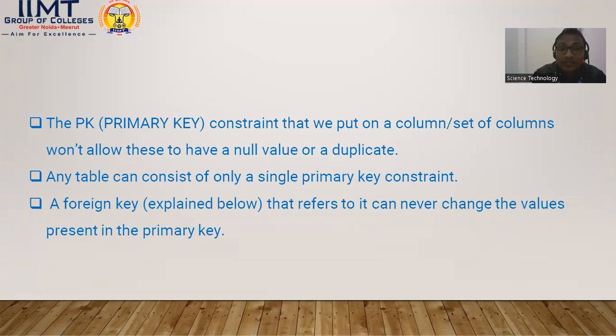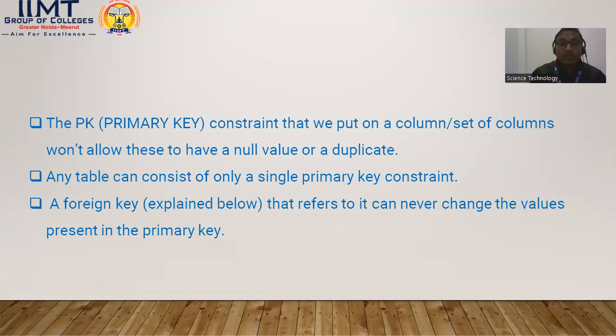Any table can consist of only a single primary key constraint. A foreign key, we explain in further slide. A foreign key that refers to it can never change the value present in the primary key. It cannot change value whenever the primary key is present.